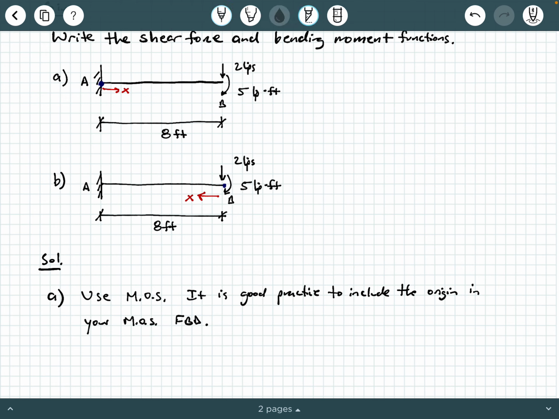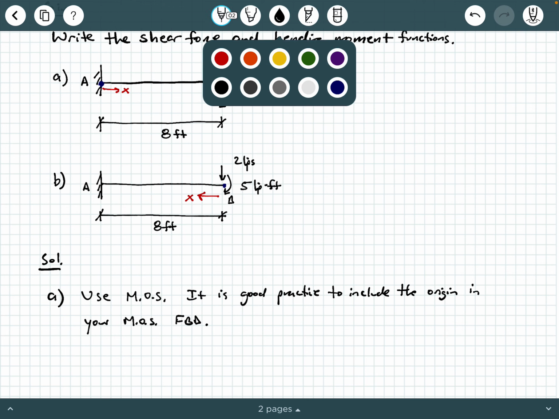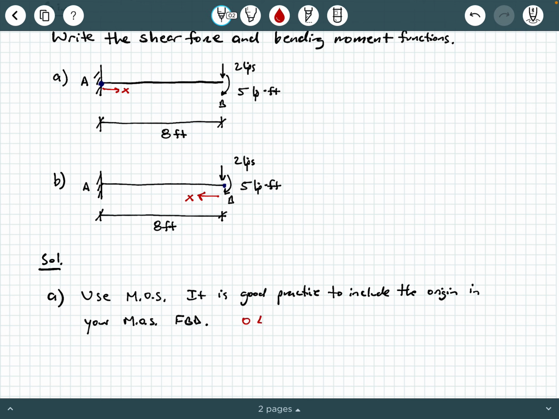So in part A, since our origin is at the fixed connection, we're going to use method of sections and make a cut somewhere along this domain of x, and our domain of x is going to be defined as x goes from 0 up to 8 feet. So it's the entire span of the beam.